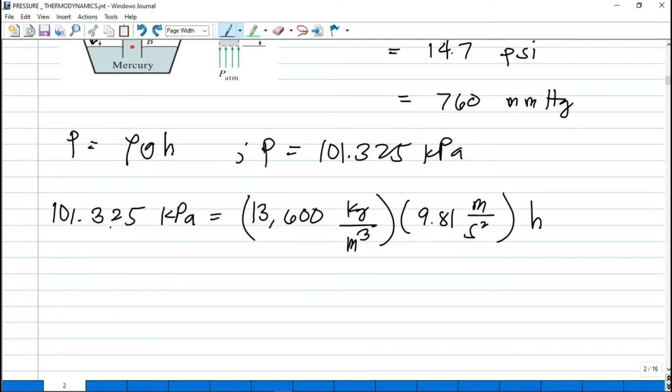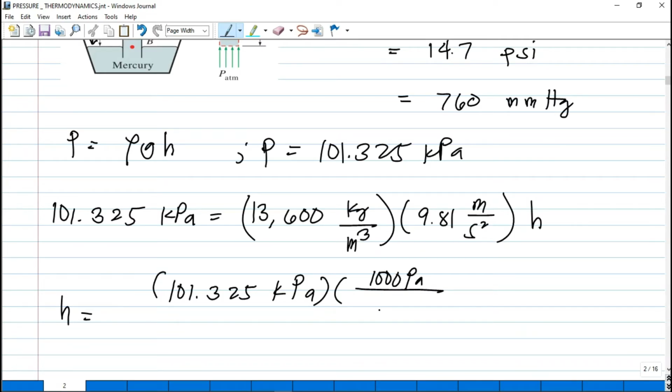So this becomes H equals 101.325 kPa, guys. Let's convert it first to Pascal so it becomes newtons. So 1,000 pascals per 1 kilopascal.